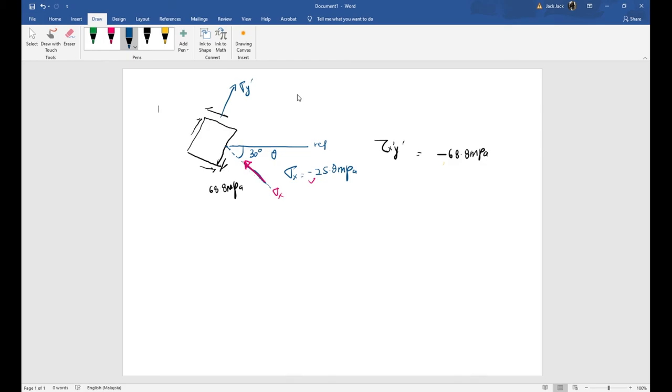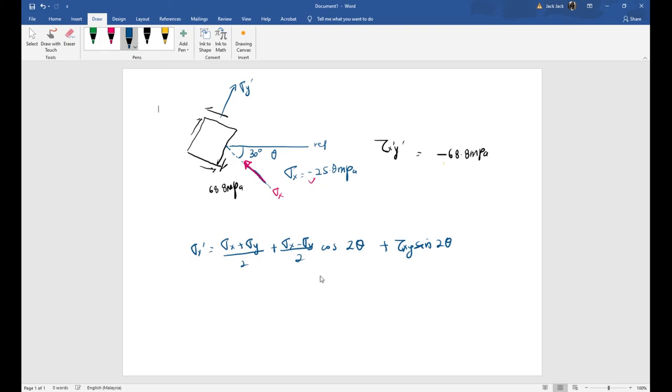As I mentioned earlier, in order to determine the new value for sigma y prime, you can also simply use the equation for sigma x with respect to the x-axis. Recall the equation: sigma x prime is equal to (sigma x plus sigma y) divided by 2, plus (sigma x minus sigma y) divided by 2 times cosine 2 theta, plus tau xy times sine 2 theta.